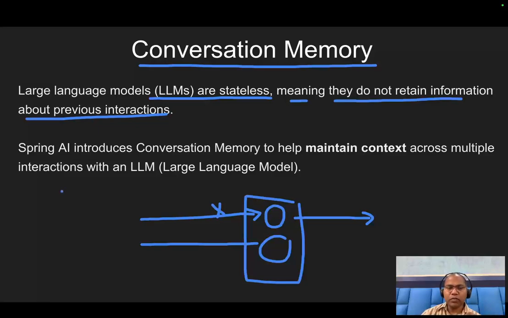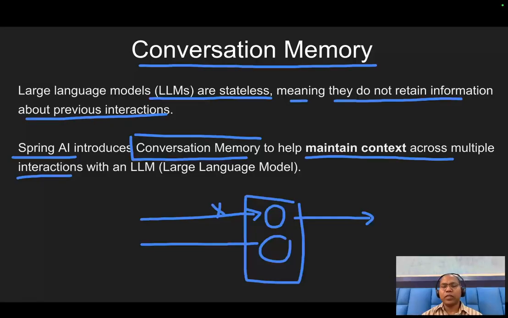Now if we are building our applications, our application should not behave like that. So Spring AI introduced conversation memory to maintain the context across multiple interactions with the LLM.